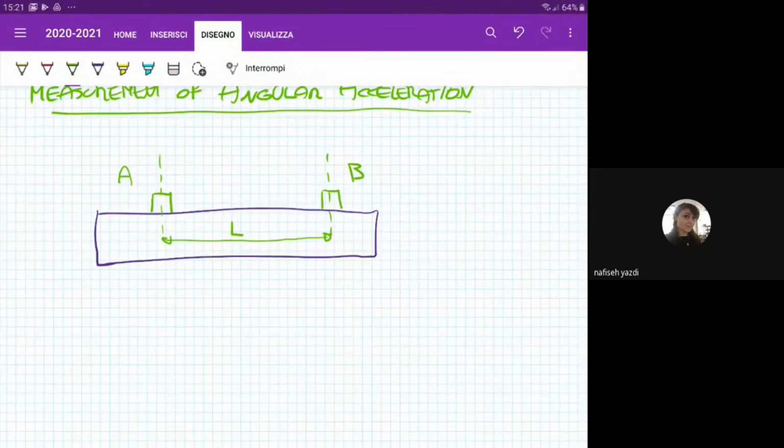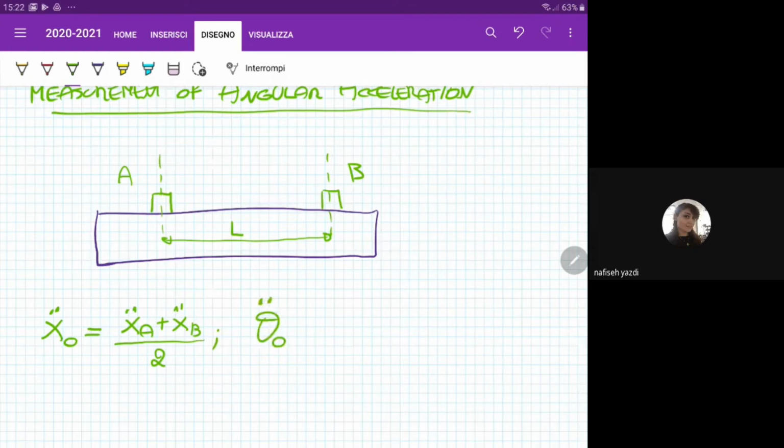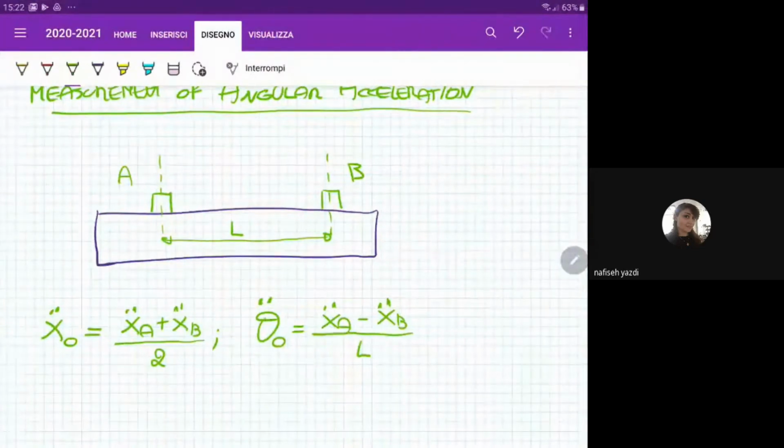We can use the two measurements, accelerometer A and accelerometer B, in order to have the average acceleration, let me call it x0 double dot, that could be defined as the average of the two accelerations that are measured by accelerometer A and B, and the angular acceleration, theta 0 double dot, that is defined by the difference of the two accelerations. Okay, in this way.